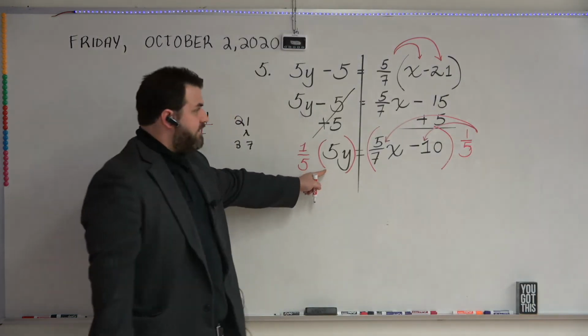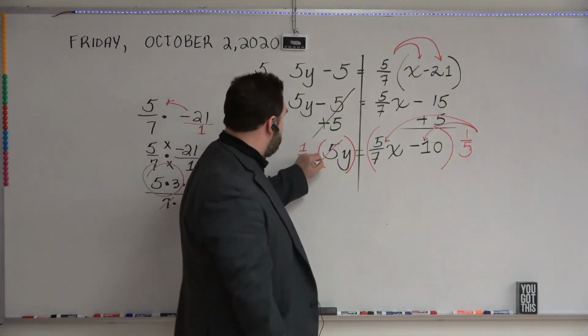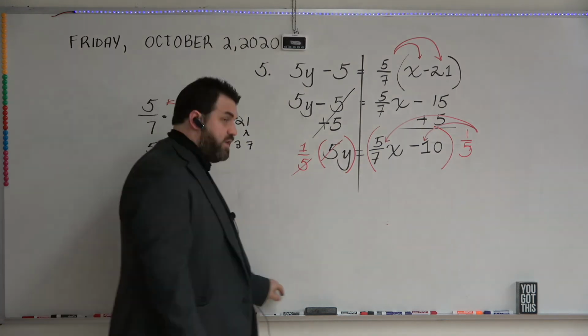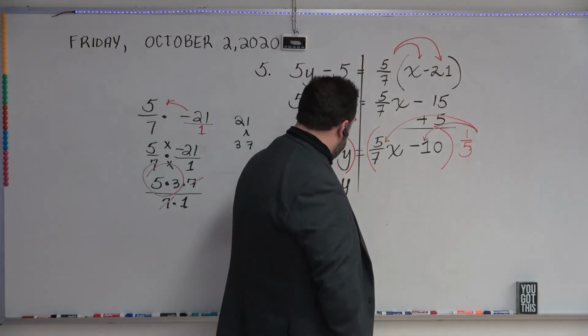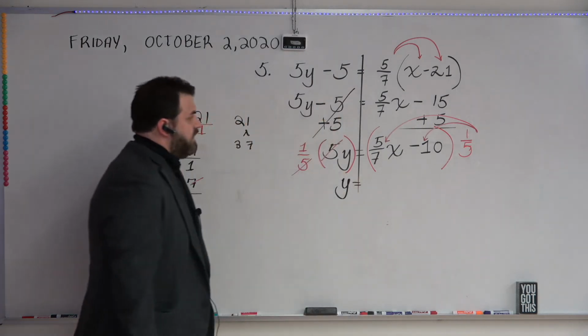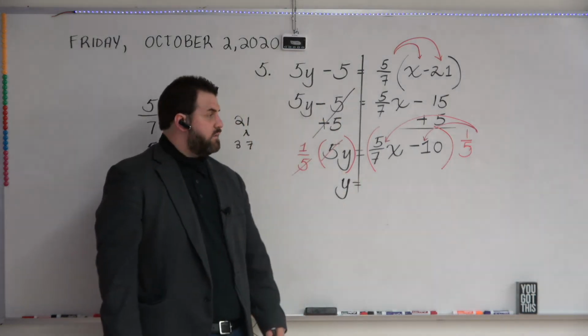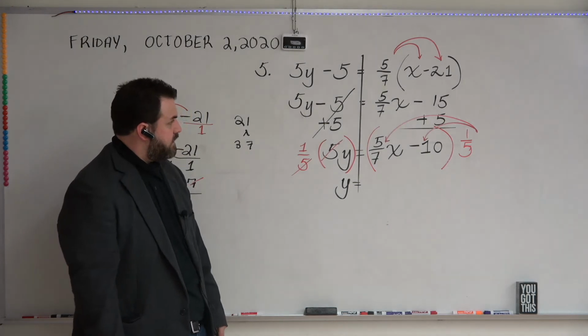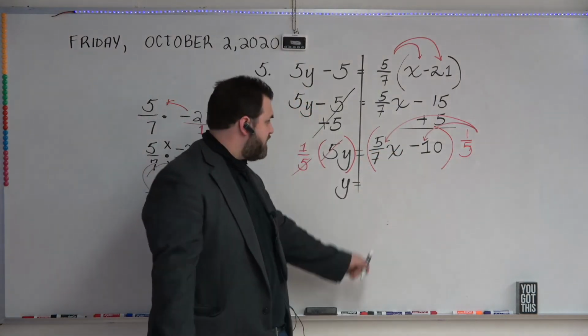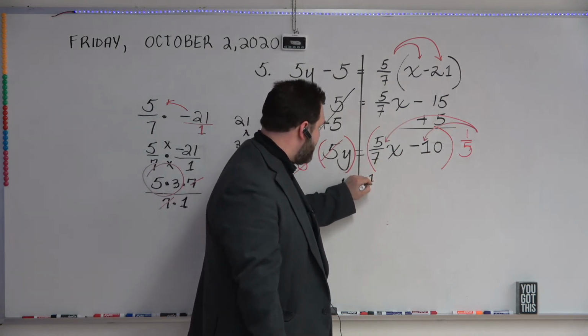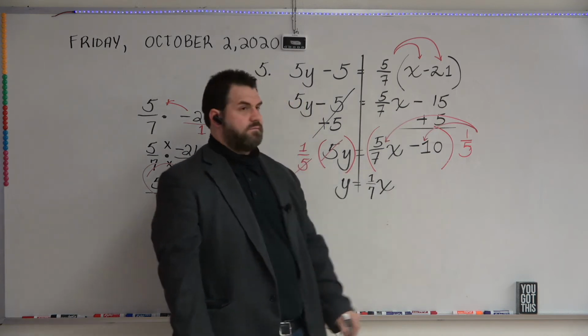Now, on the left side, doing this cancels the 5. So we achieved our goal. It's just like dividing both sides by 5. We have y equals. The 5s cancel. Good. You saw that. So all that's left is 1/7 x. How about here?